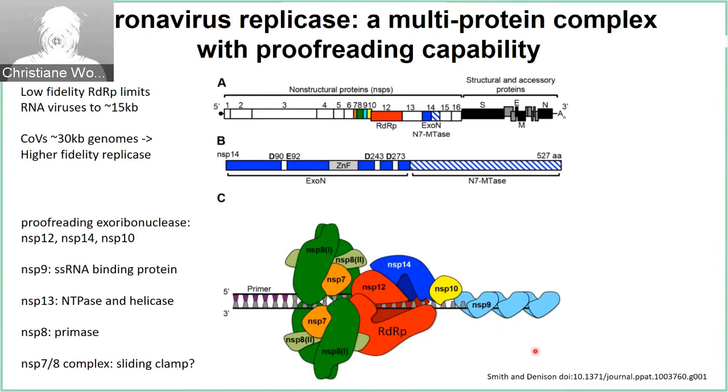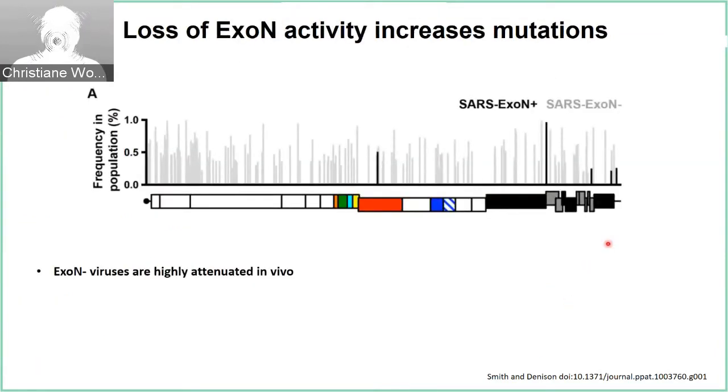But to show you how important this exonuclease activity is, I want to just show this one piece of data from Mark Denison's lab, where they took, in this case, SARS-1 wild type and compared it to a mutant that had a mutated exonuclease activity.